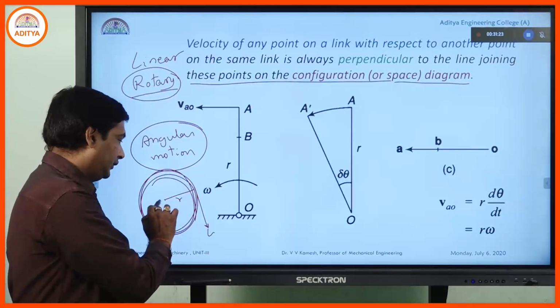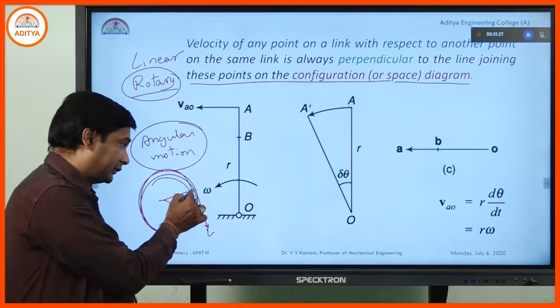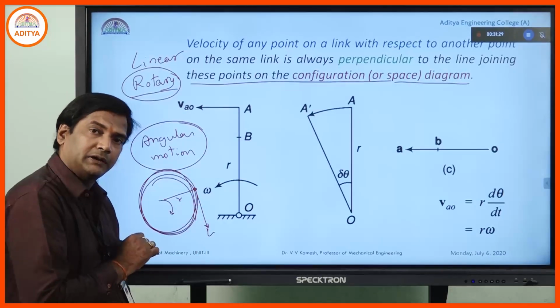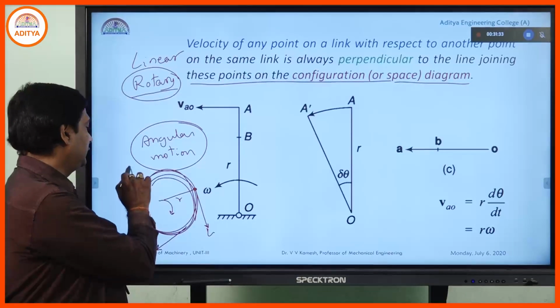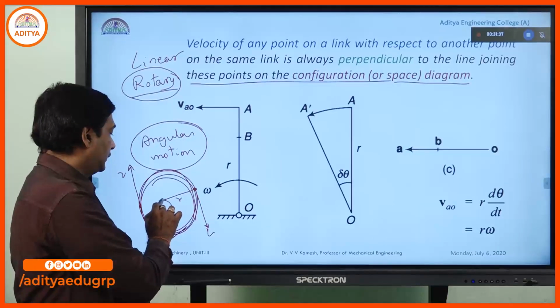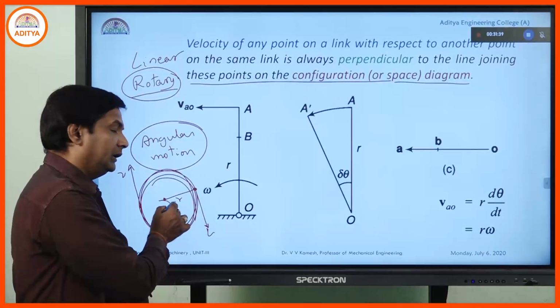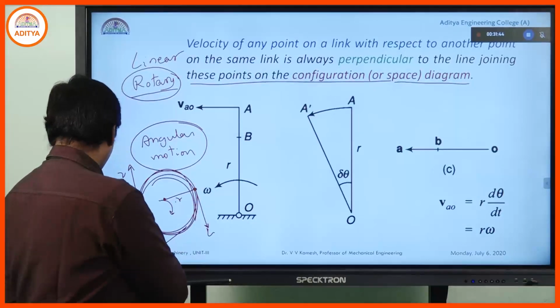So, when this is moving in this direction, the velocity at this point will be like this, at this point like this, and at this point like this. The relation between the velocity and r and any other parameter, we will see now.